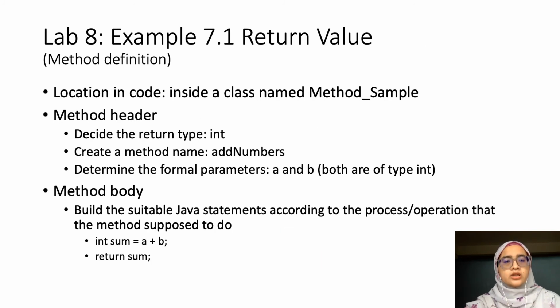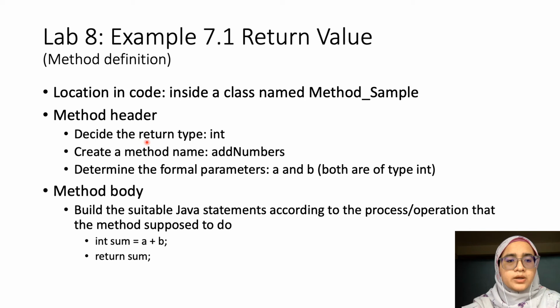Okay, now we look into the example 7.1 which has return value. So, mula-mula kena buat apa? Kalau nak buat method in your Java program, mula kena buat method definition. So, tentukan dulu kita nak letak kat mana. Contoh dalam buku awak, okay, example 7.1, lab 8. Kalau tengok location yang diletak di dalam kod adalah inside a class named Sample.